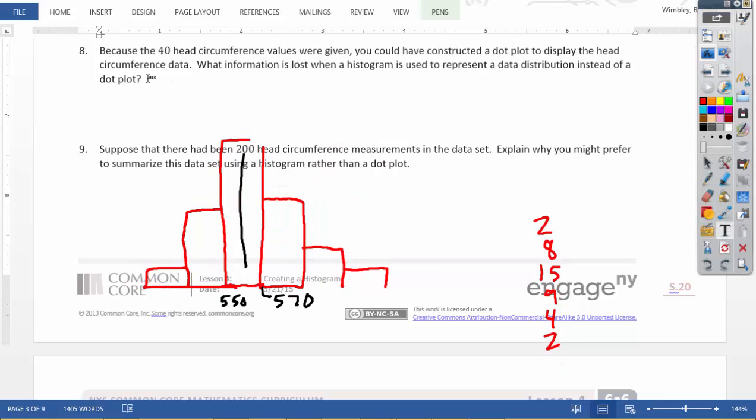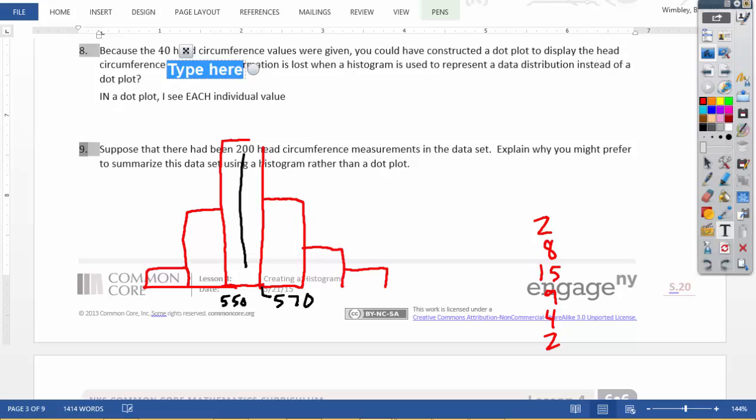So what happens if I am using instead a histogram and not a dot plot? So let's look at their comparisons. In a dot plot, I see each value, or each individual value.